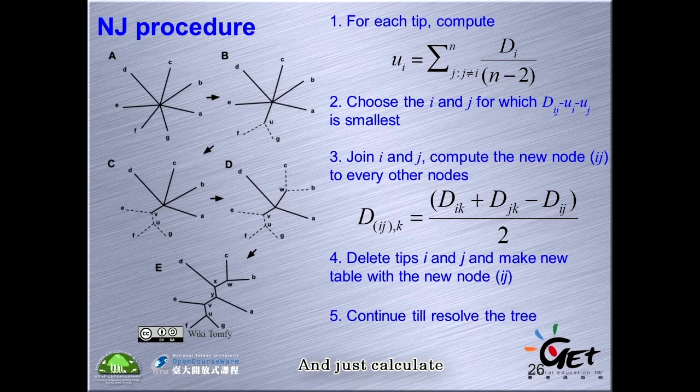And just calculate and keep going on until you resolve the tree. So this is the process in the calculation, but don't worry about it. Nowadays you just click the computer, and it gives you a result.